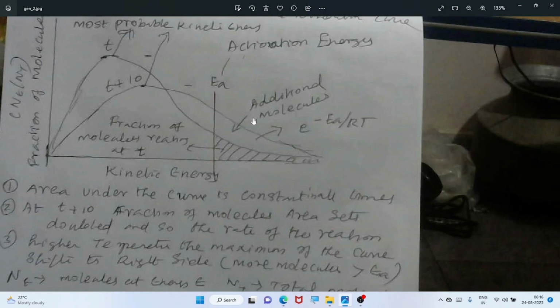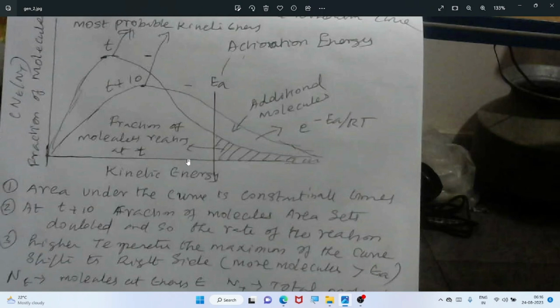The most probable kinetic energy shifts to the right side. Here there are more molecules at lower temperature having this energy level, and here more molecules have more energy. The area under the curve is the same. At temperature T plus 10, this is the fraction of molecules, and this is the activation energy.